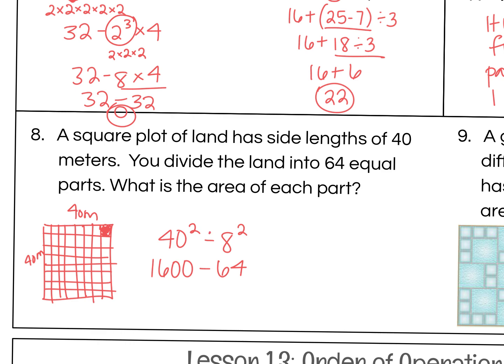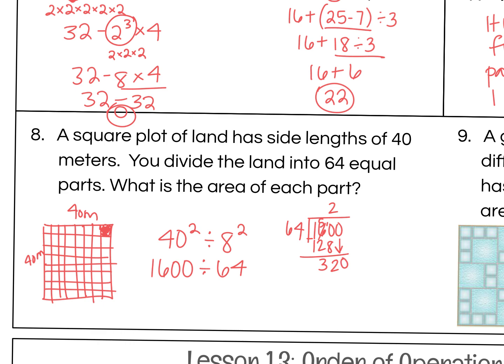Divide by 64? Okay. So over here, 1,600 divided by 64. I know it goes into 160 twice, which is 128. After I subtract, I have 32, but I got to drop that 0.